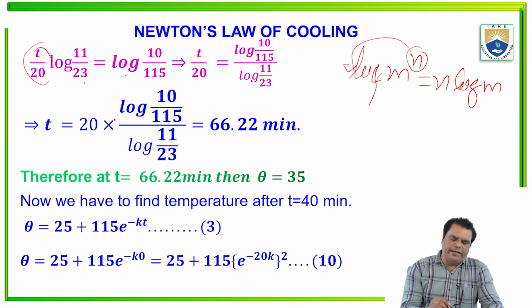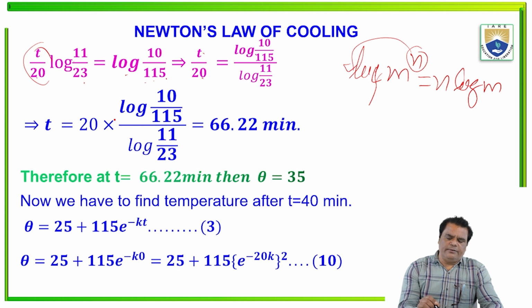So here log 10 by 115. This implies that t upon 20, with this going in the denominator, equals log 10 upon 115 upon log 11 upon 23. So finally t equals 20 multiplied by log 10 upon 115 upon log 11 upon 23.